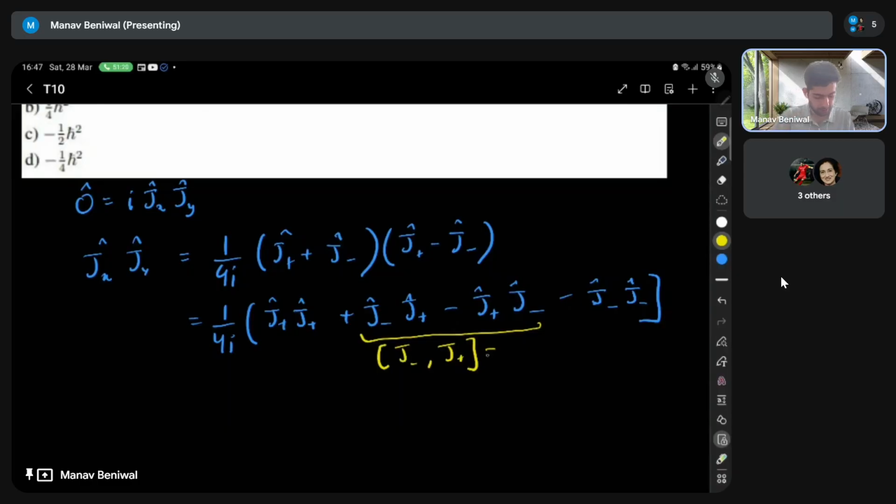And we know that this commutator has the value minus 2h cut Jz cap.